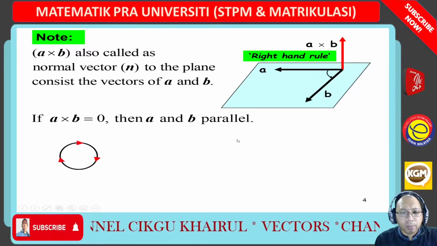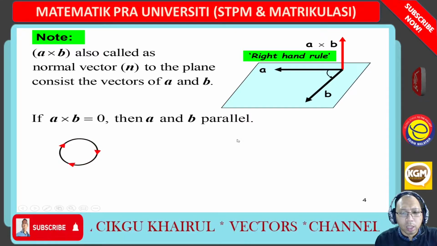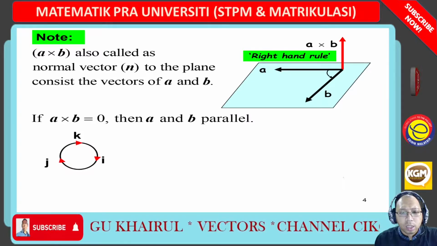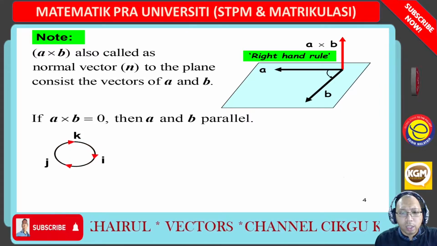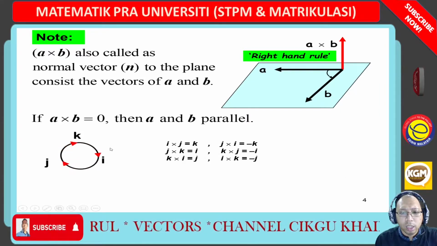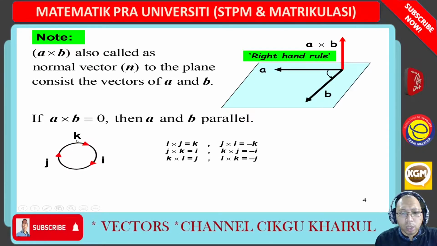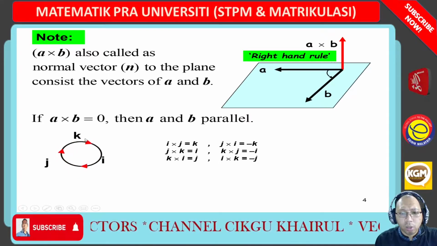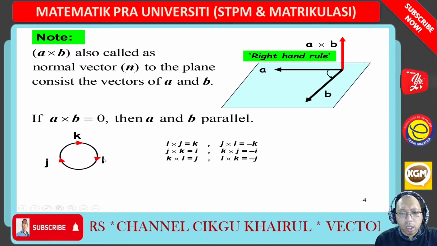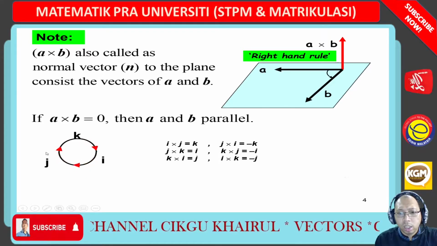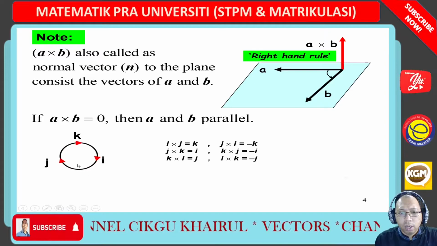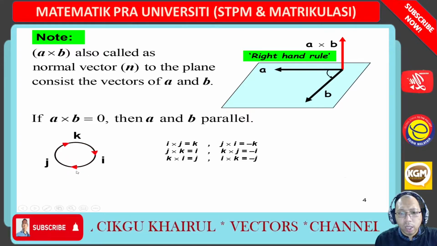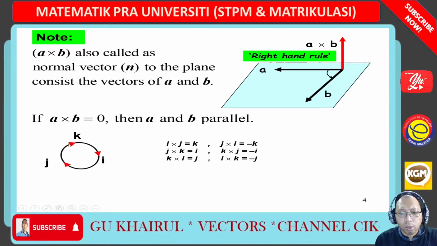Okay, so this is the rotation of i, j, k. If you can see, i cross j, we will get k, j cross k, we get i, k cross i, we get j. Okay, then j cross i, this one for clockwise.